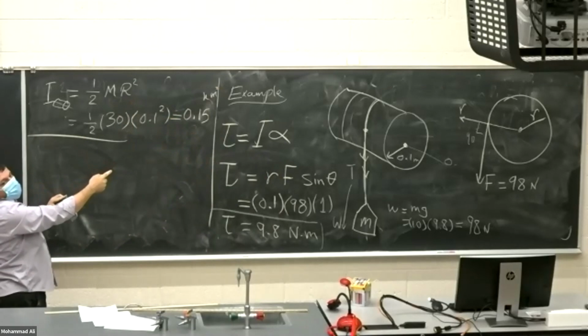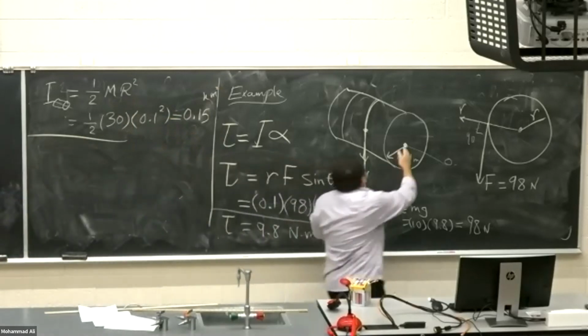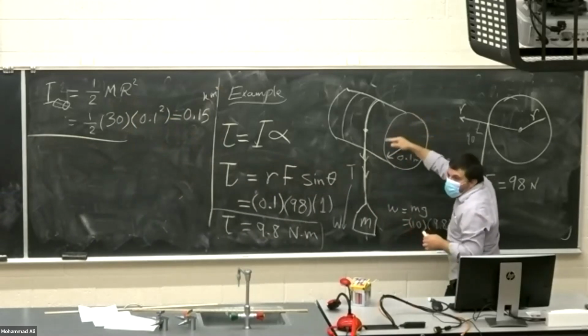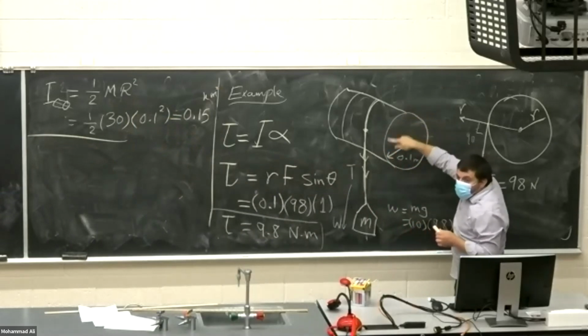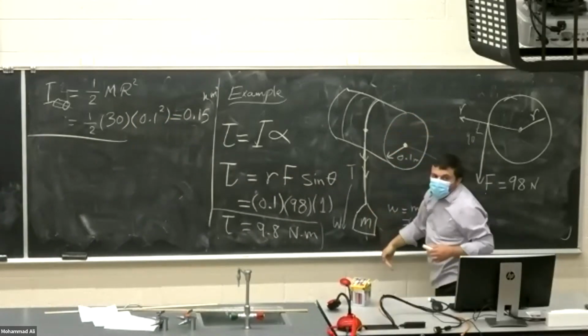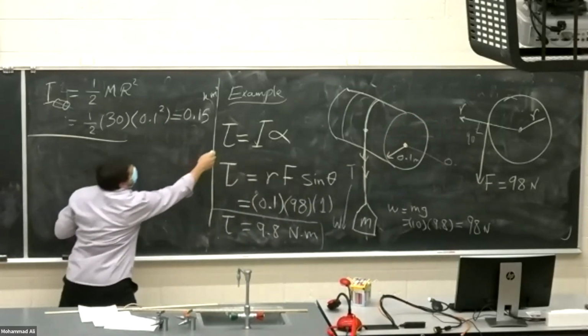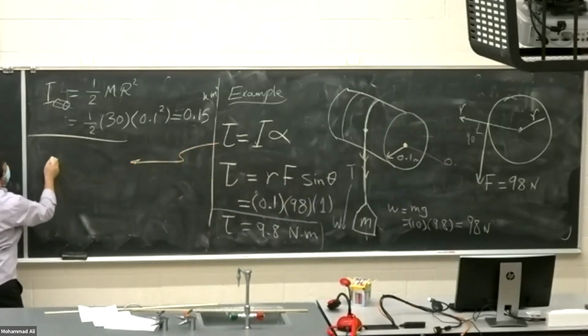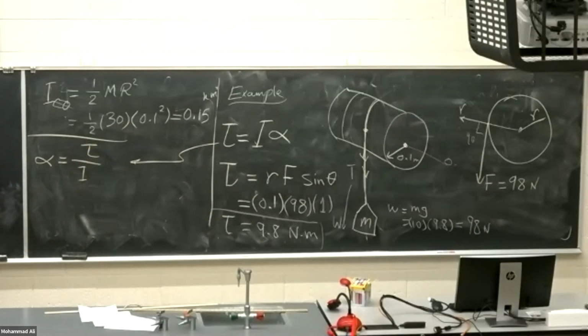Okay, I need to compute alpha now, which is the angular acceleration. The cylinder will start rotating, but its angular velocity will increase with time because there is a force. From this relation, alpha is equal to the torque divided by I, right?